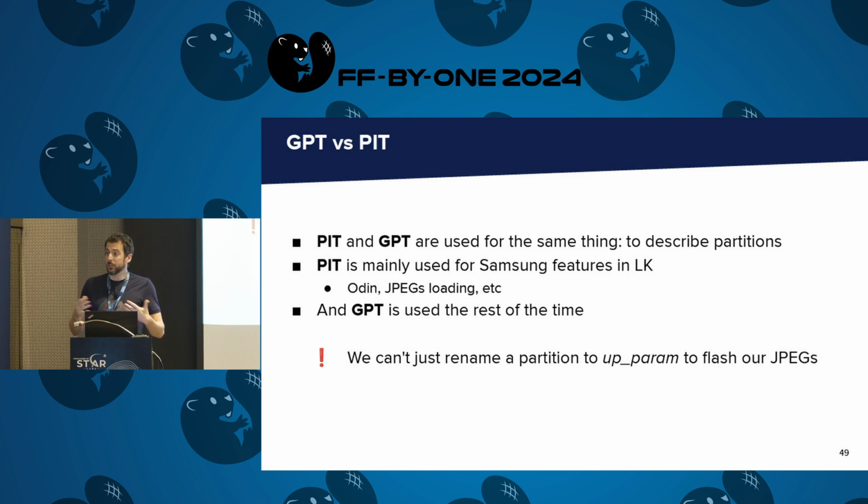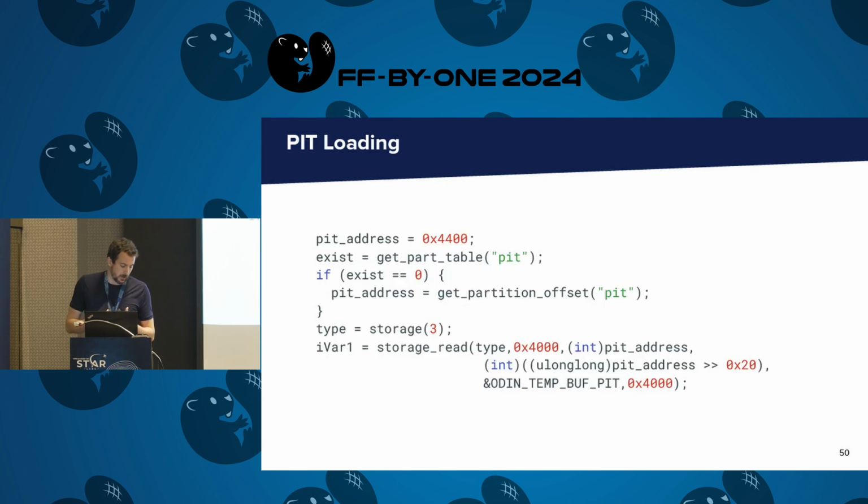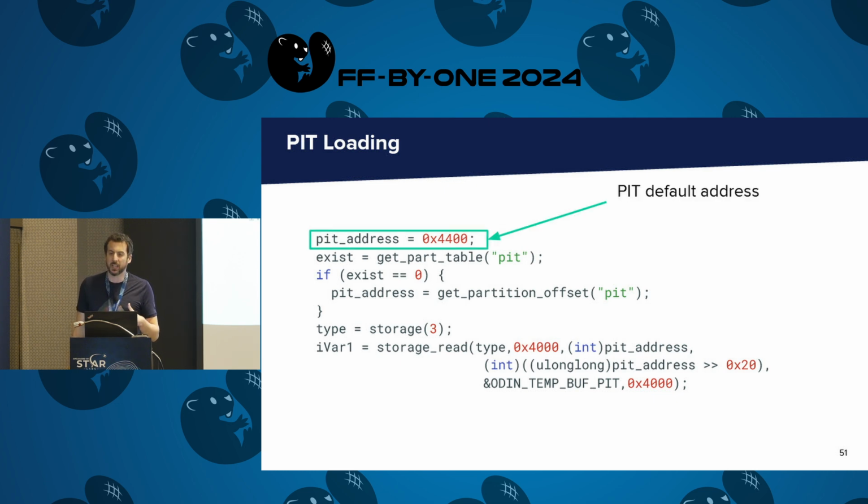The GPT is used the rest of the time, like for loading the Android partitions, for example. When the system starts, it will execute this little routine you see in order to load the PIT in memory. As I explained, we have this hard-coded address, which is where the system by default will read the PIT from.